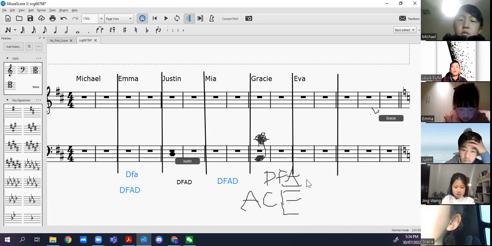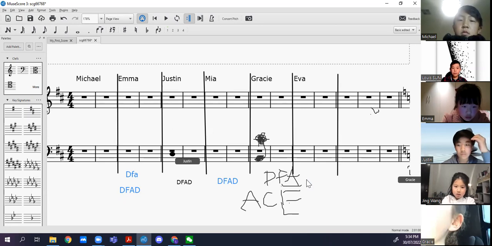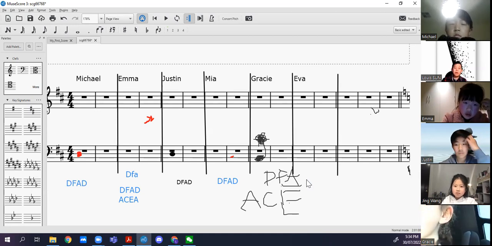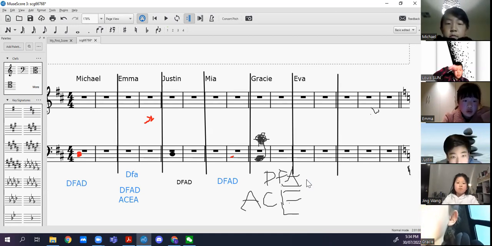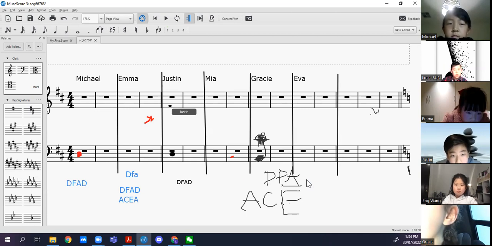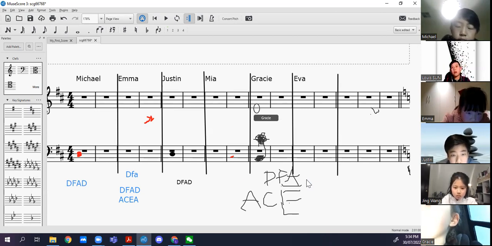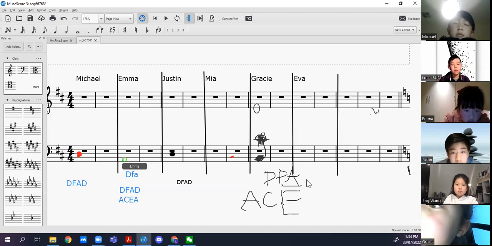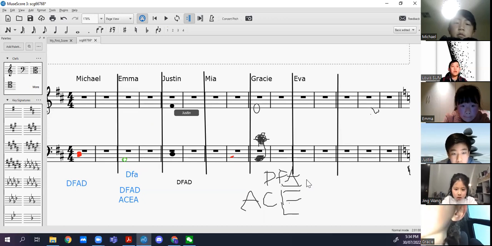But the dominant is the 5th scale degree. So when I tell you to write a dominant triad, it means to write a triad built on the 5th scale degree. Does that make sense? So what do you think the dominant triad of D major would be? Think of the 5th scale degree of D major and then build a triad on that.